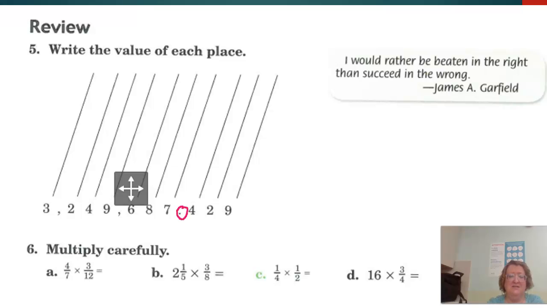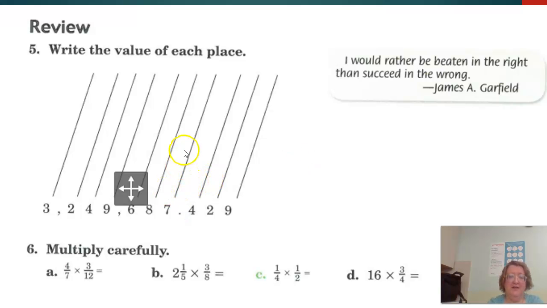So if that is a decimal point, what is our value of 4? 4 would be tenths, and 2 would be hundredths. 9 would be thousandths.